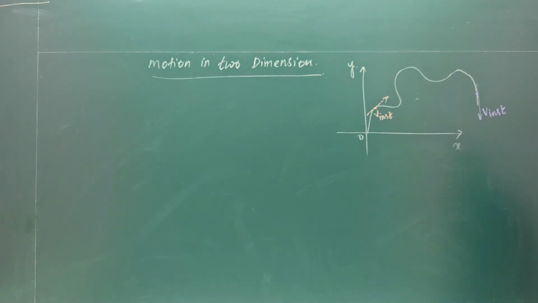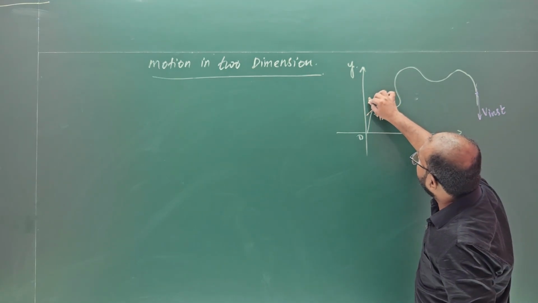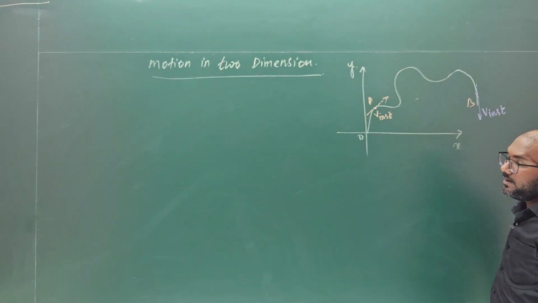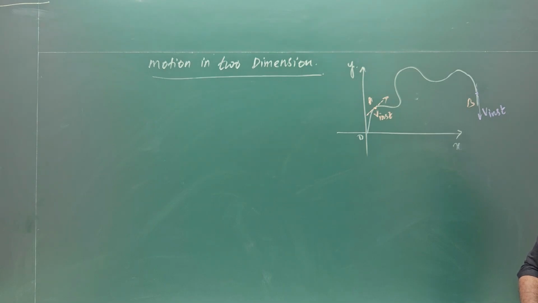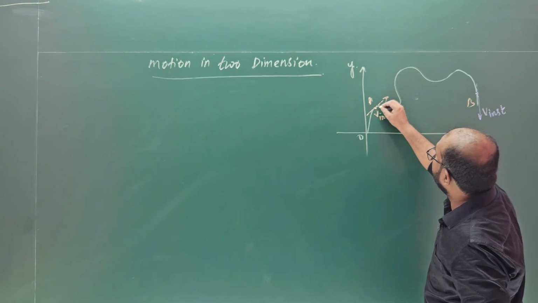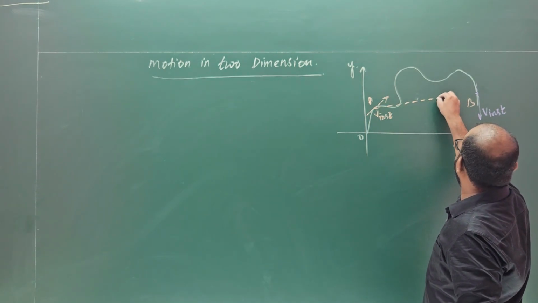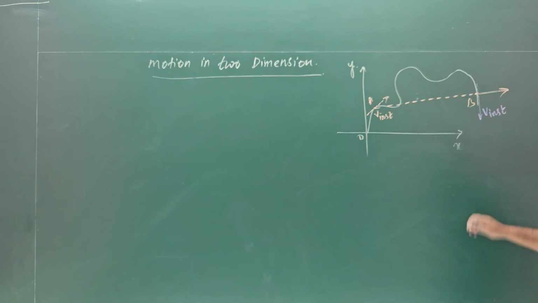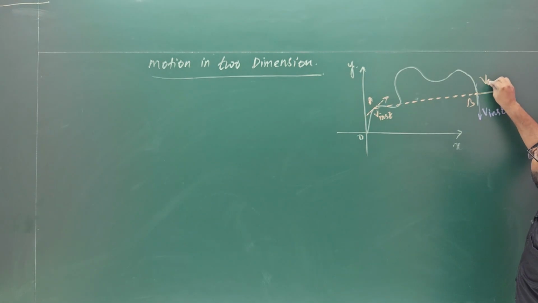Consider this as your point A and this as your point B. If I join points A and B, then I will get one more direction, and this direction is given by the average velocity.